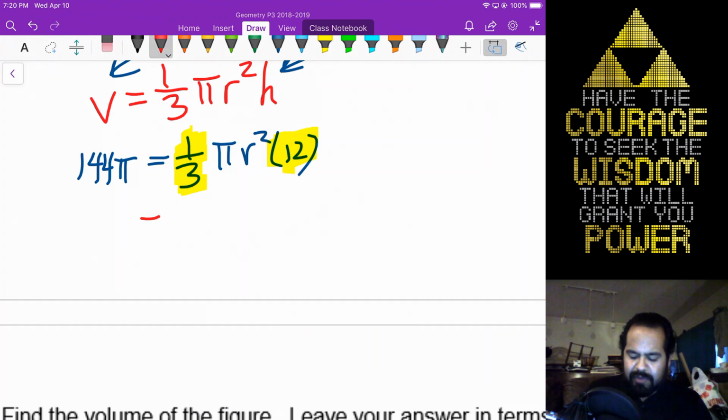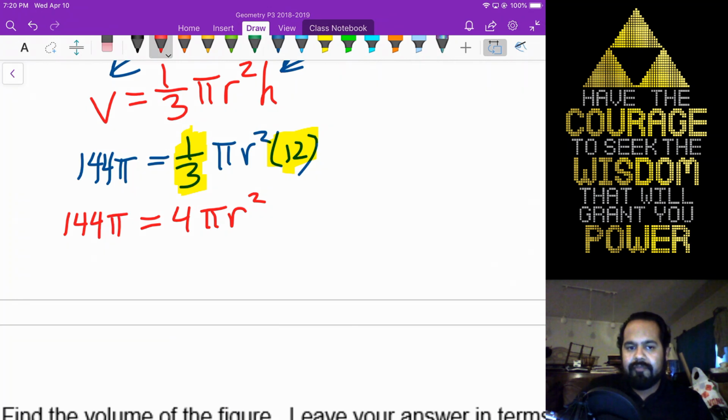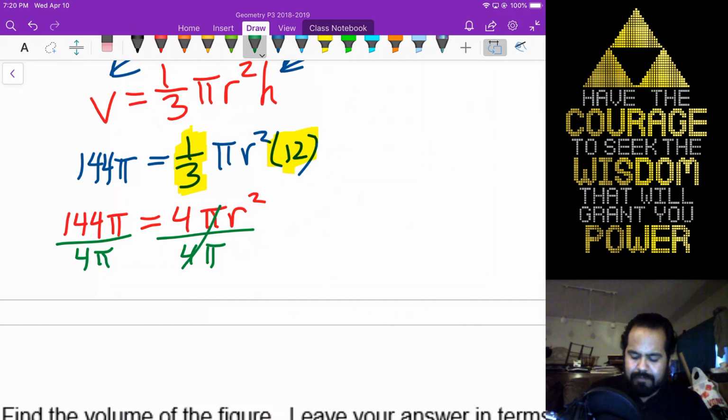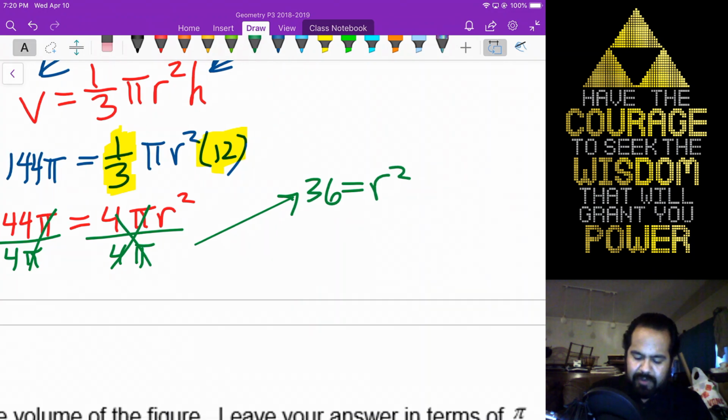That's the same thing as saying 12 divided by 3. That gets you 4. 4 pi r squared equals 144 pi. Now we're going to divide out 4 pi. So now you do 144 divided by 4. That should get you 36 is equal to r squared. Take the square root of both sides. So r is equal to 6.